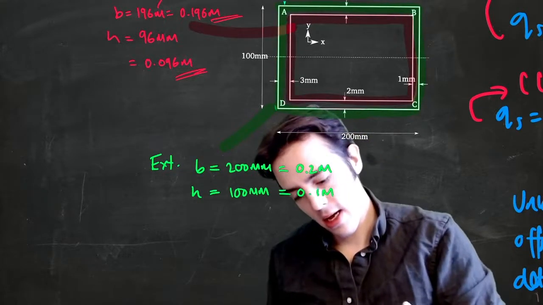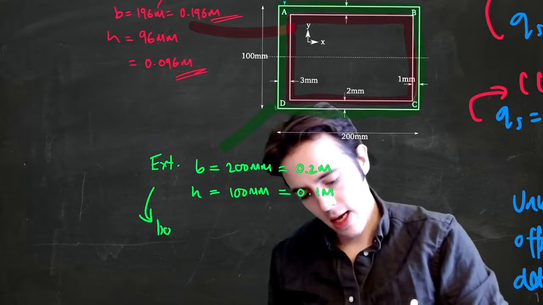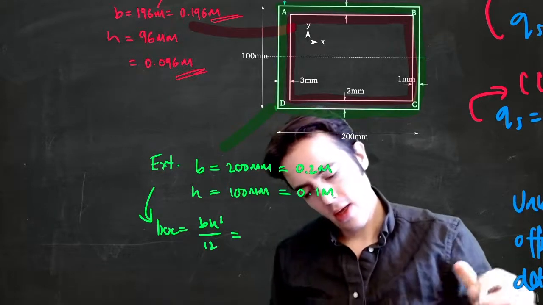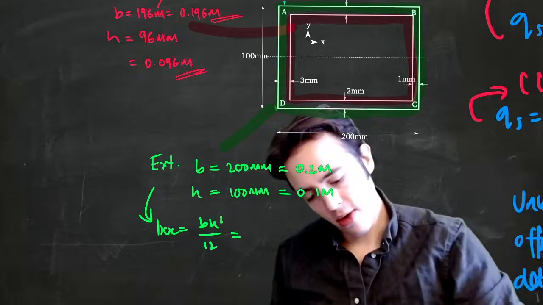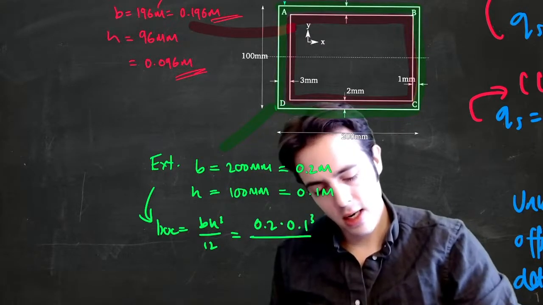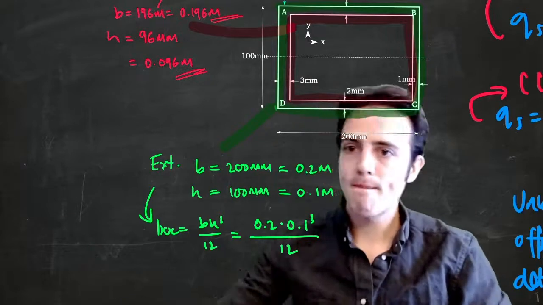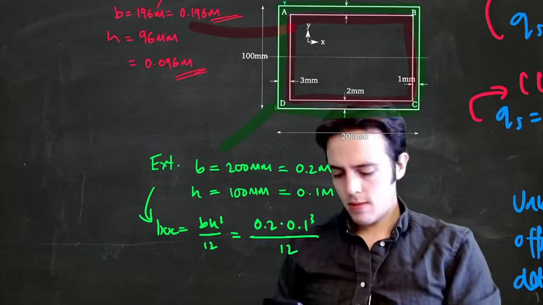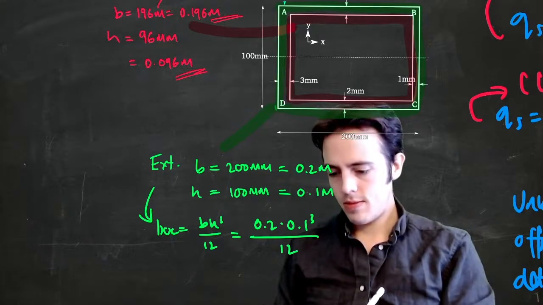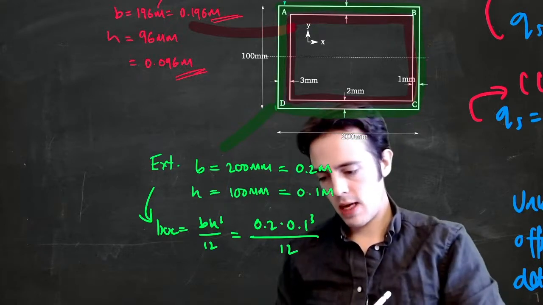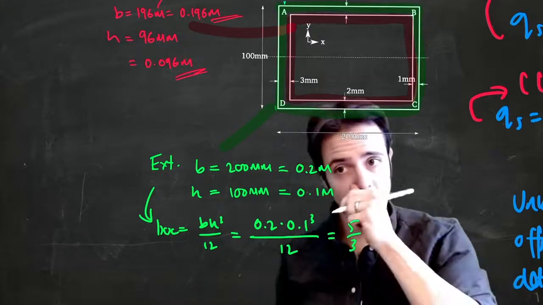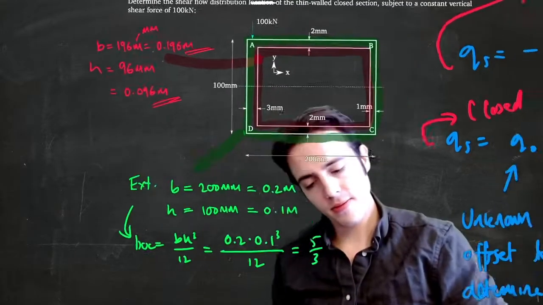So Ixx, remember, is bh cubed on 12. If we do this using meters, we've got 0.2 multiplied by 0.1 to the power of 3 divided by 12. That gives me 5 thirds. I'm going to keep that as a fraction because that's exact.